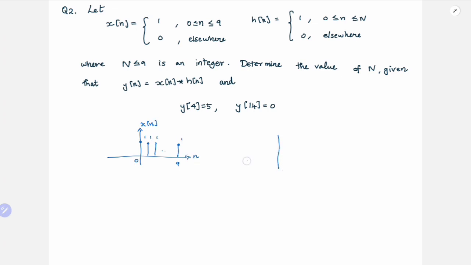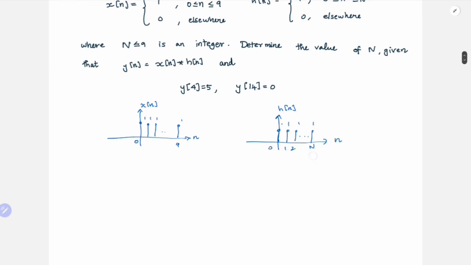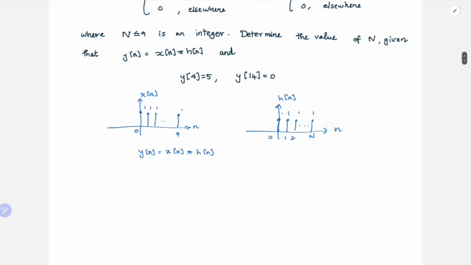And you have h of n given by 1, 1, 1 and so on up to N, 0, 1, 2, up to N. Now y of n is nothing but x of n convolved with h of n. So when we convolve two square pulses, let's see what happens.